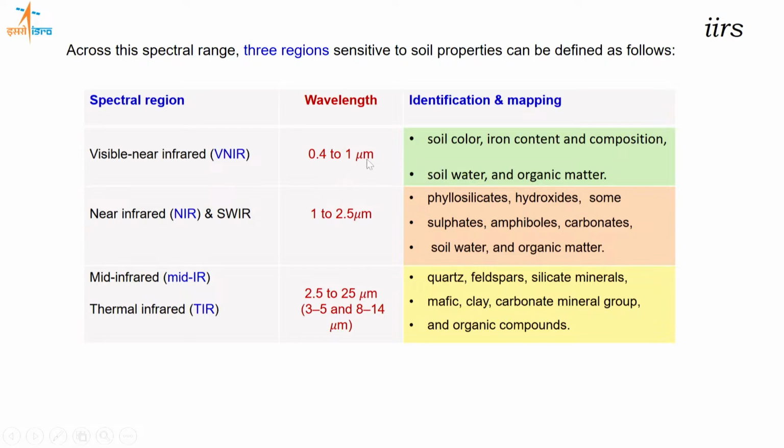You can use this wavelength region, and for clay mineral mapping, for example kaolinite, montmorillonite, or any clay minerals, you can use this wavelength region 1 to 2.5 micrometer. And for carbonate and other minerals, you can use this wavelength region.